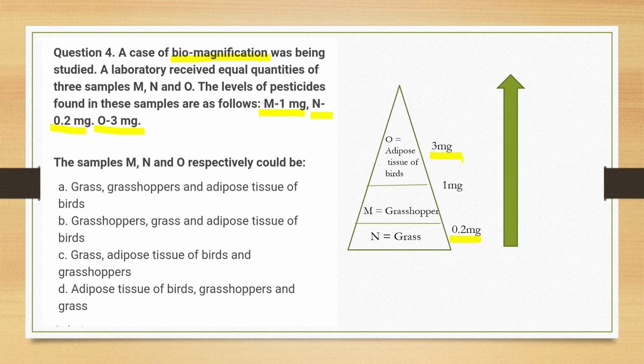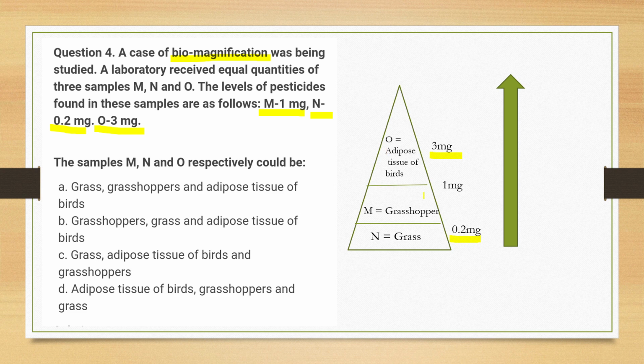So in biomagnification the concentration or amount of pesticide is getting magnified, increasing gradually from the basal level to the upper level. So at the basal level, obviously 0.2 will be there, that means N, then 1, that means M, then 3, that means O.